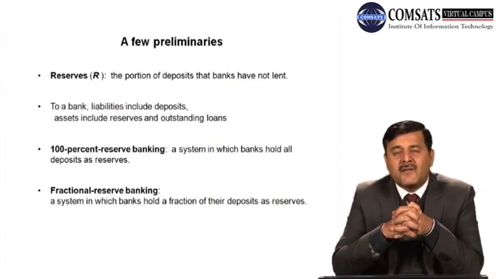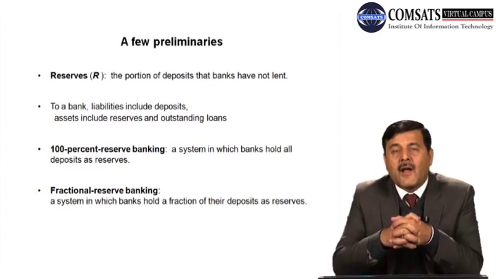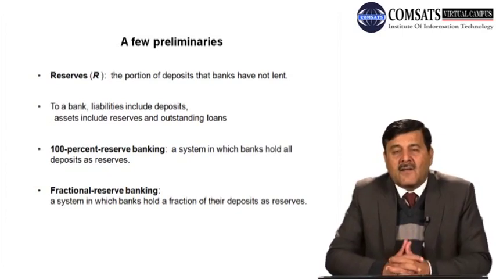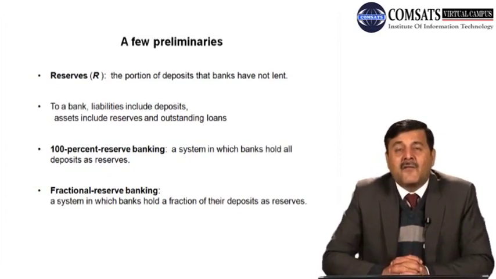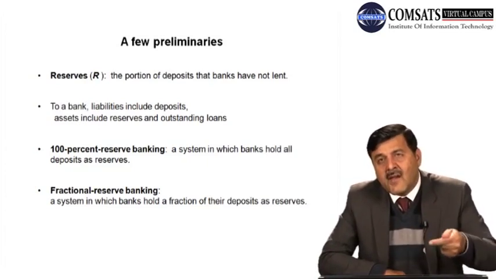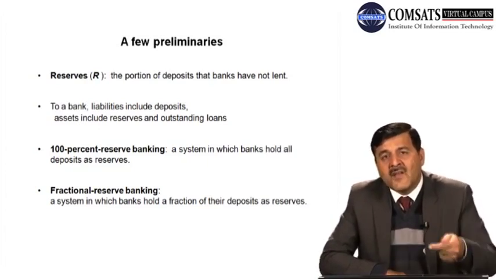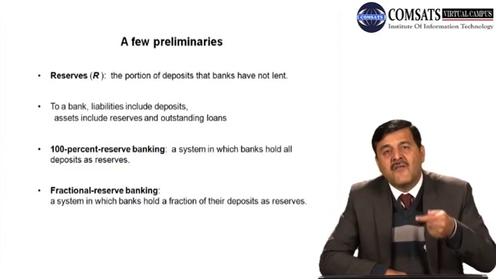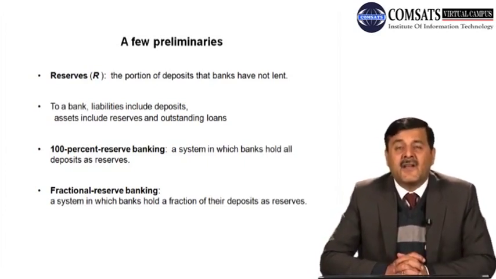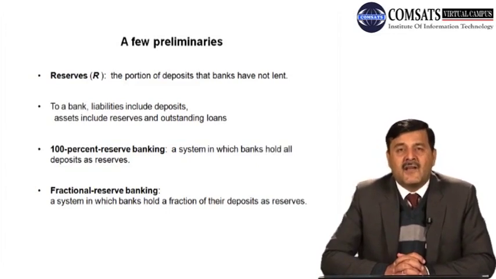One is the 100% reserve banking system, a system in which banks hold 100% of deposits as reserves. The fractional reserve banking system is a system in which banks hold a fraction of their deposits as reserves and extend the remaining deposits to customers as loans.